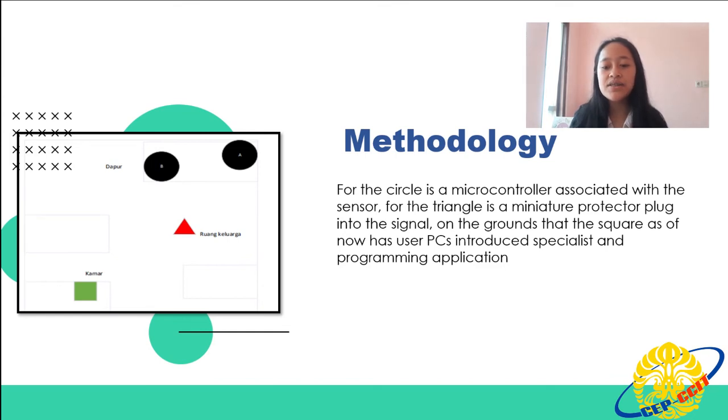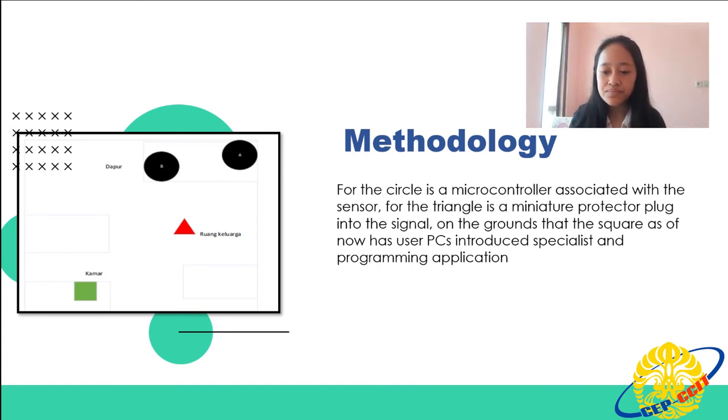Now, like you see on the screen, that is the picture of the research topology. The circle shape is a microcontroller associated with the sensors, and then the triangle shape is a miniature protector plugged into the signal.